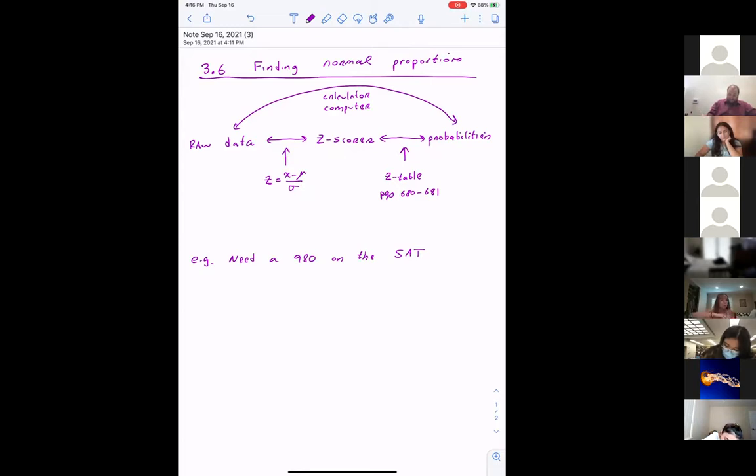And SATs are normal. And I'm going to use a certain notation here, which we see often: N, comma, 1059, comma, 210 squared. So this notation here.